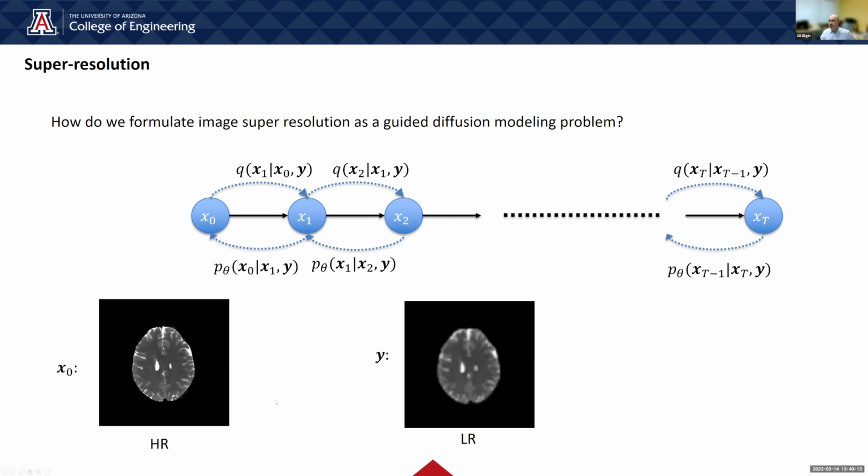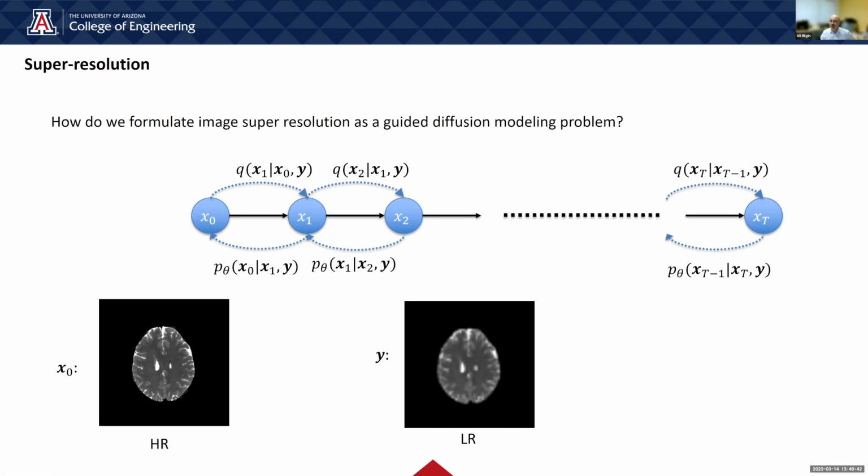For super resolution, what I've done is I've used a set of, in this case, T2 weighted MRI images as input. This is what I want to model. These are the high resolution samples. And as side information, I passed a low resolution version of this image. I want to use this to guide the diffusion process, but I want to be able to generate samples of this high resolution image.